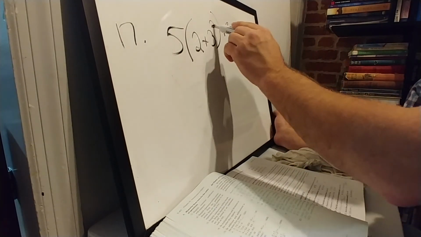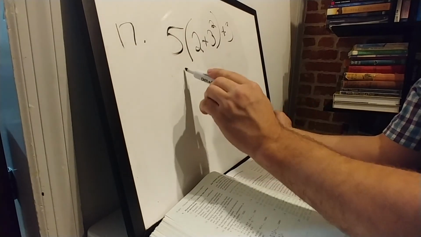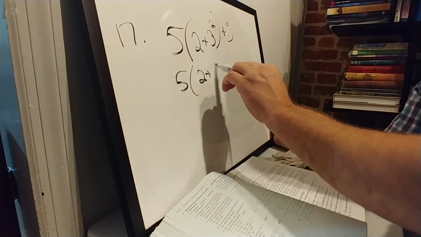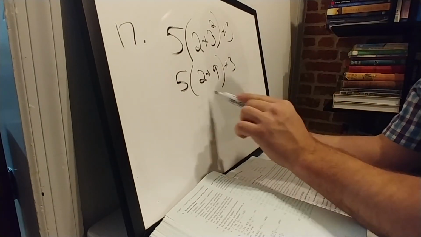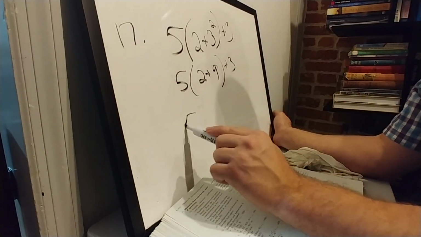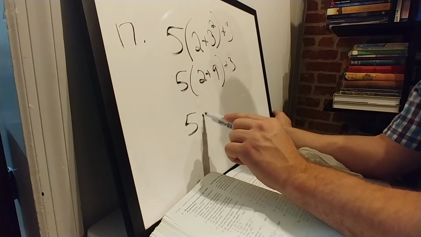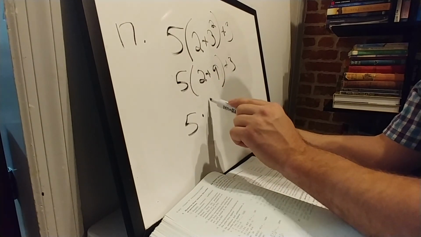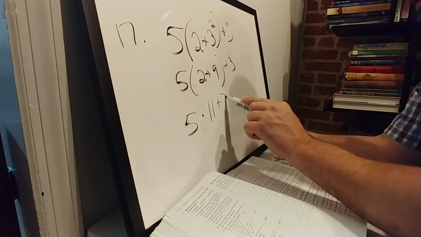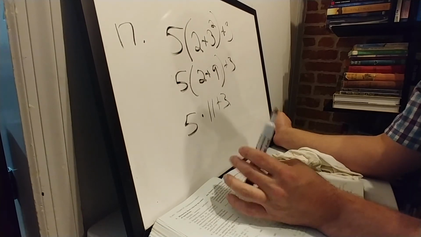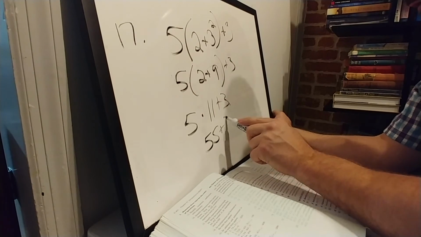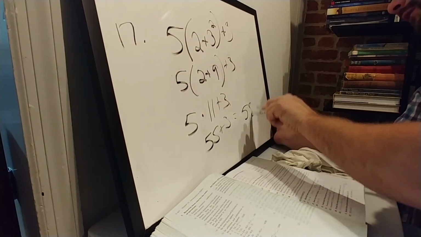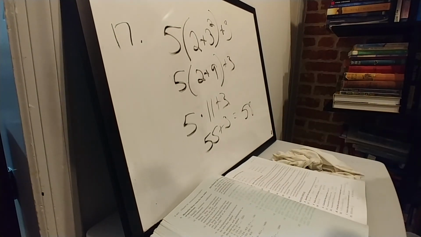Well, first you need to do your exponent. So you have 5, 2 plus 9 plus 3, because 3 squared is 9. Then you need to do your parentheses first, 5 times, that's times right there, 11 plus 3, and what do you do next? Multiplication or addition? Well, you do multiplication. So 55 plus 3 equals 58. And that's how it works.